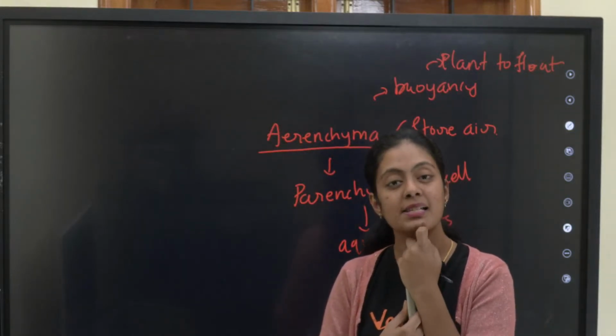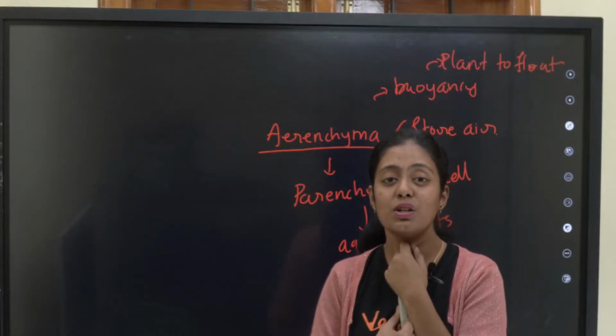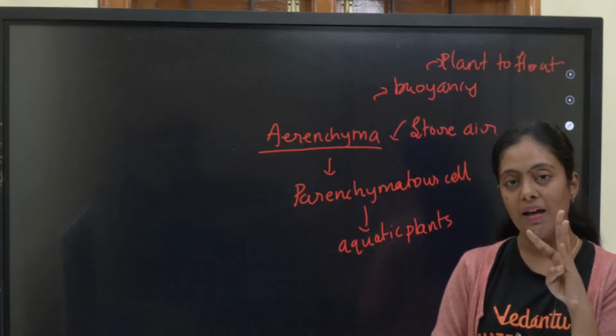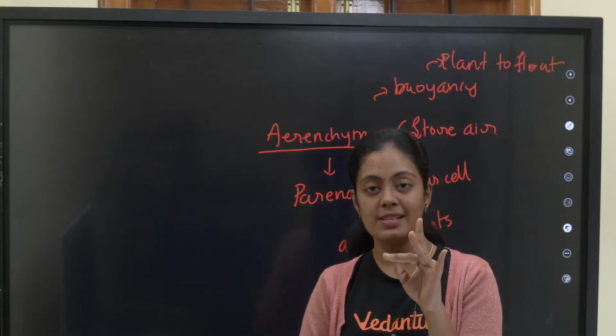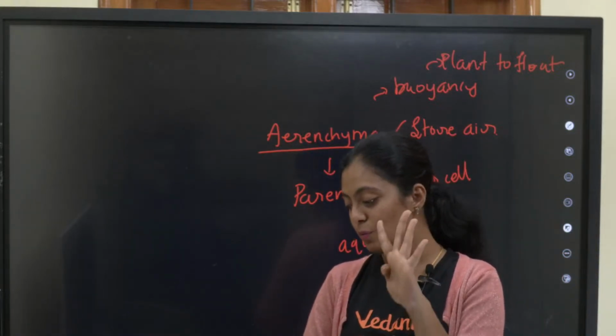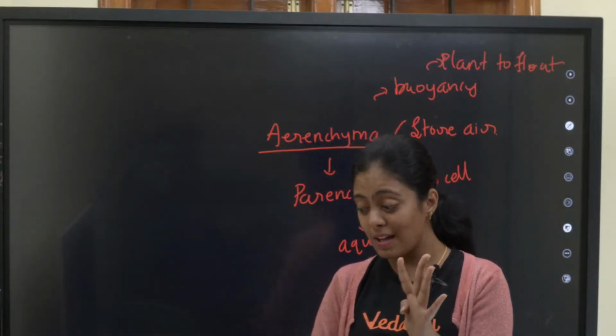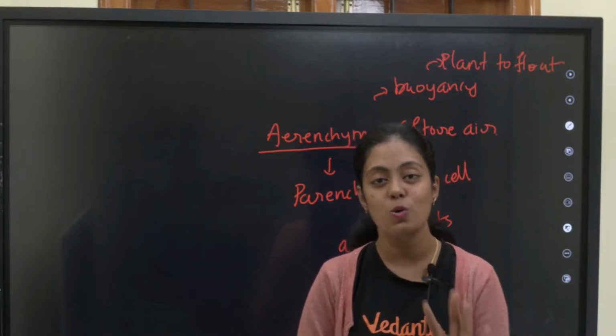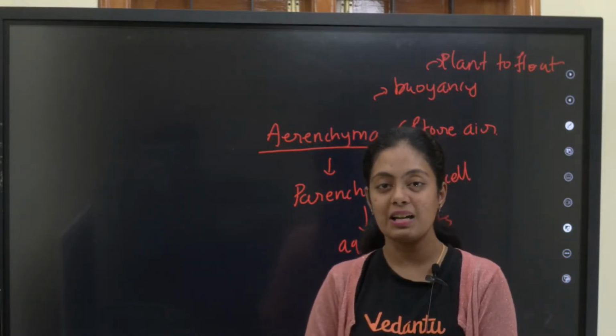What did I ask? The food storing tissue in your xylem. There are 4 tissues: parenchyma, fibers, vessels, tracheids. Which of these 4 stores food? It is parenchyma. Always parenchyma is involved in storage. So the answer is parenchyma.